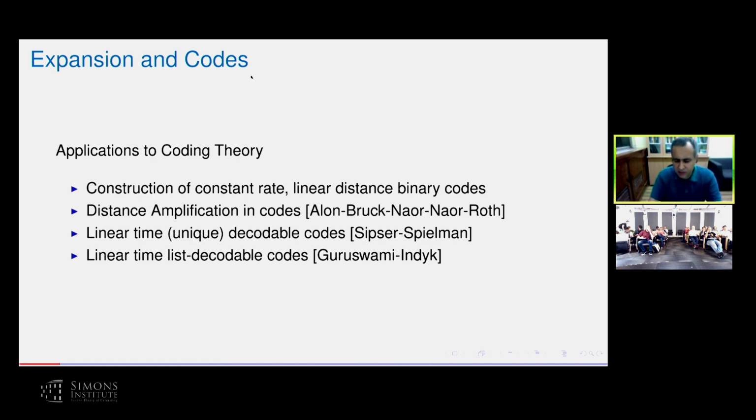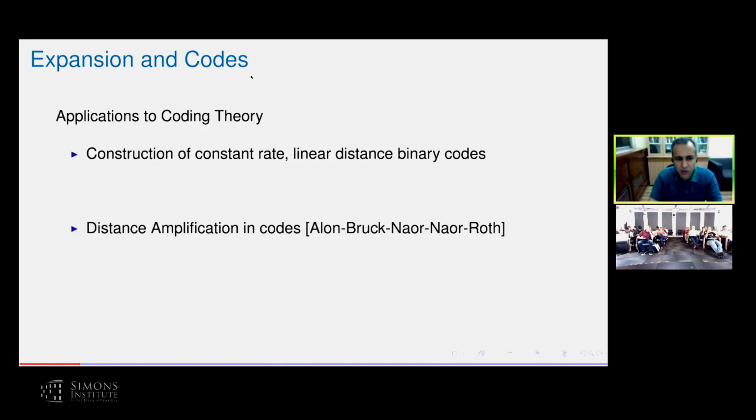Let's look at two of these constructions, in specific the first two applications. We showed that expander codes can be used towards constructing constant rate linear distance binary codes and for distance amplification. Now you can ask the question, is this all that you can get from expansion? Can you actually soup these up?